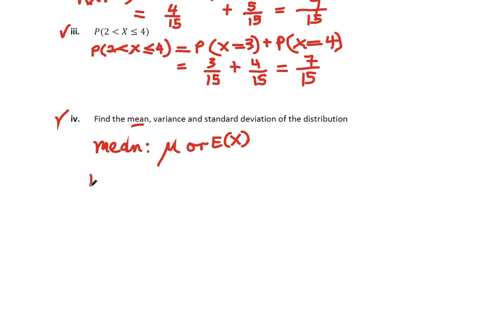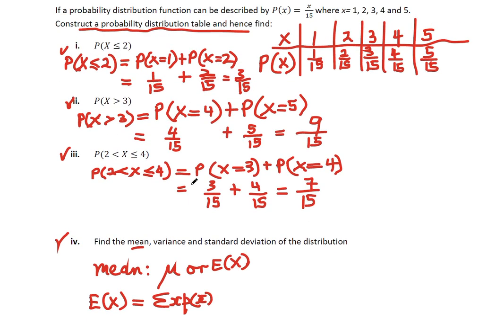So let's just do the calculation right here. E of x, which is the expected value of x, or we could have used mu, which is the mean here, is equal to the summation of x times p of x, which means that we're going to multiply each of the x values in the probability distribution table by their corresponding probabilities.